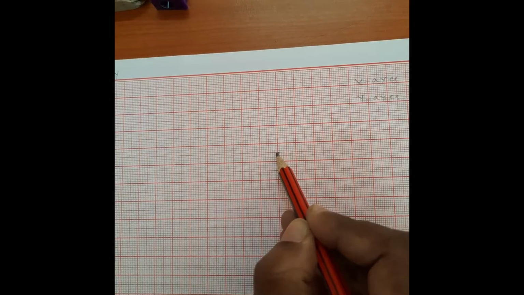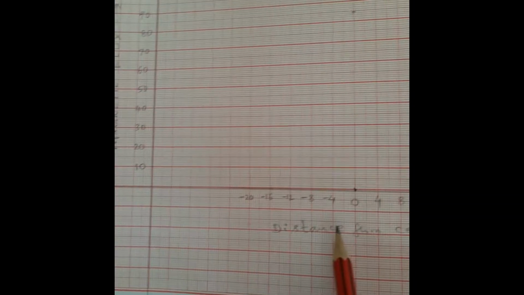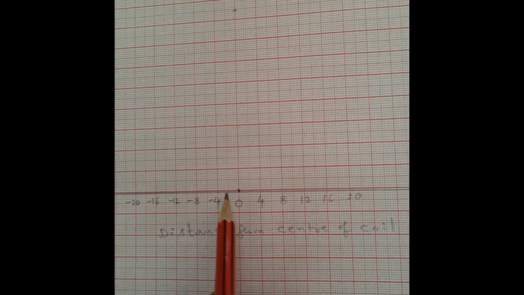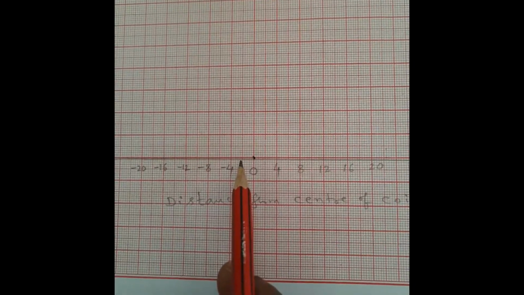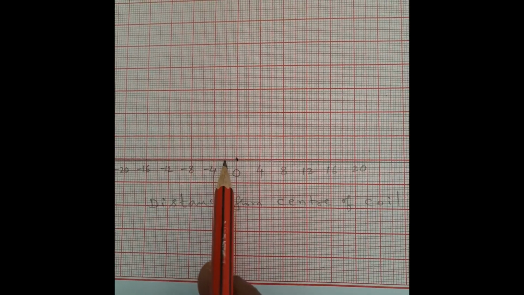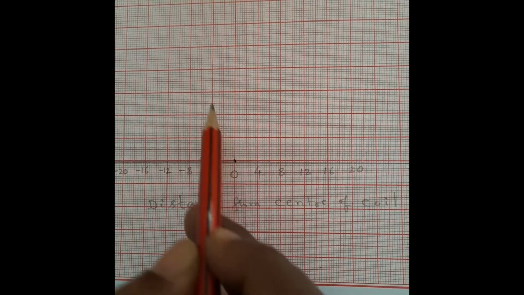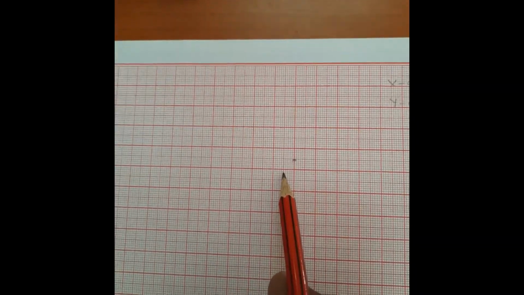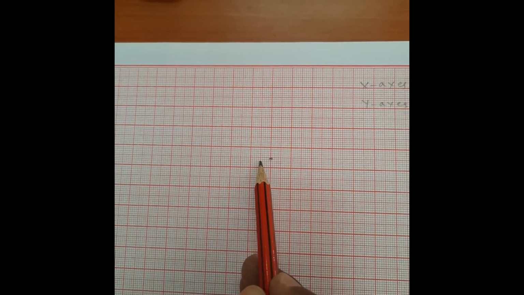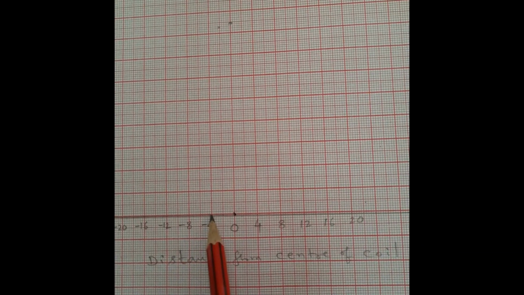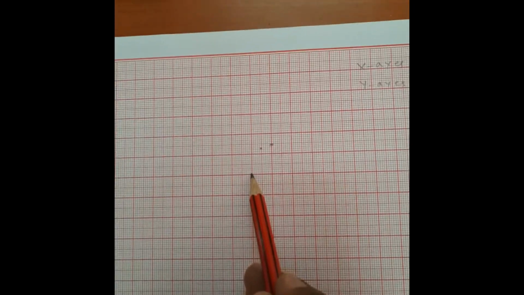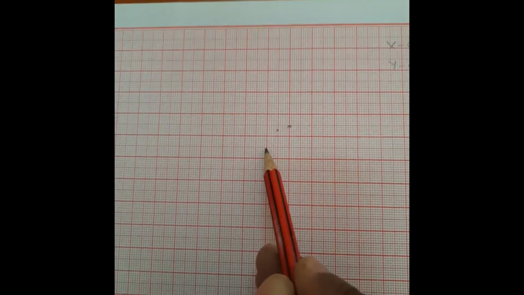So this is the reading. And then for distance 2 centimeter towards the left side, it is observed to be 81.8, so 81, here is 80, 81 somewhere here. And then for 4 it is 74.6, 70, and then 74.6 is somewhere here.